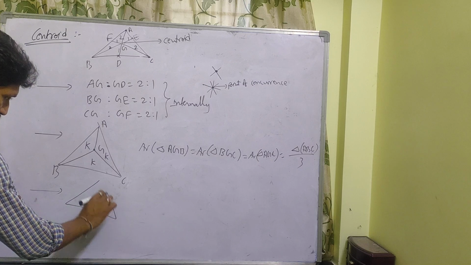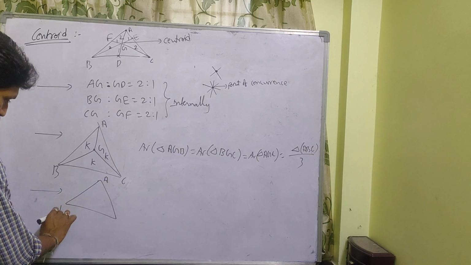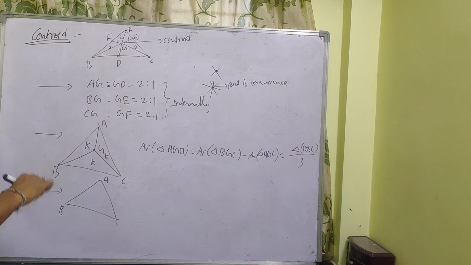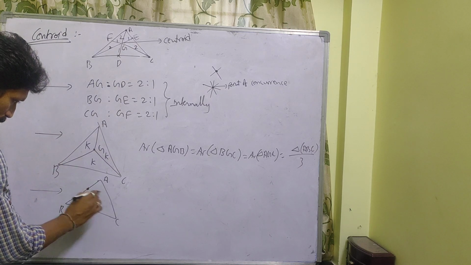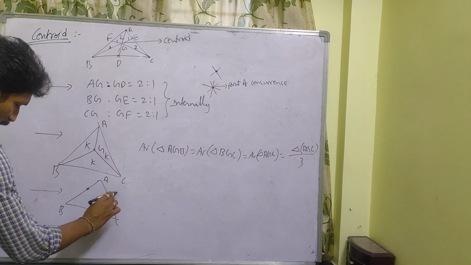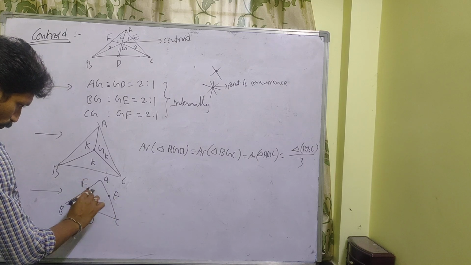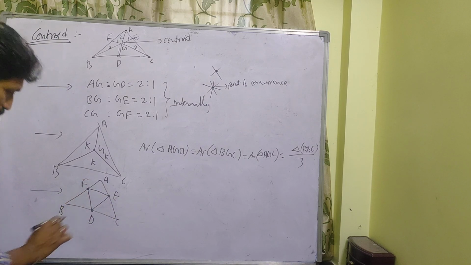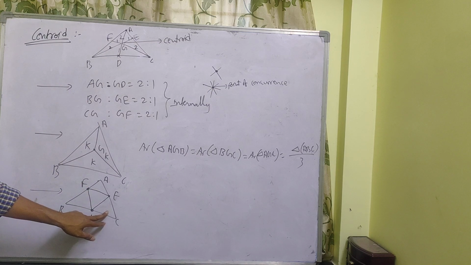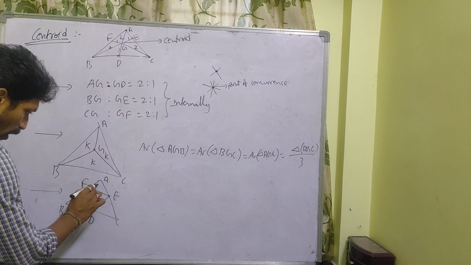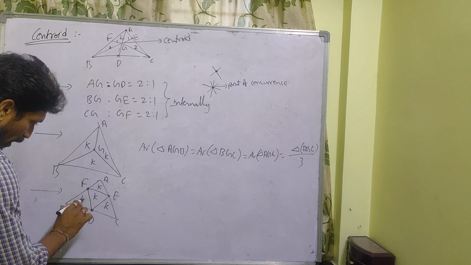If you take the medians, the midpoints of the sides are D, E, F. If you join these 3 midpoints, this forms 4 more triangles inside triangle ABC, and all of them have the same areas.